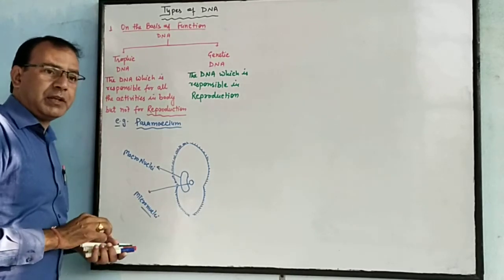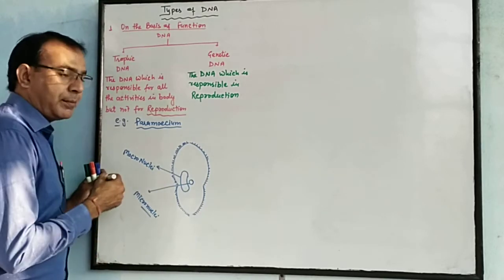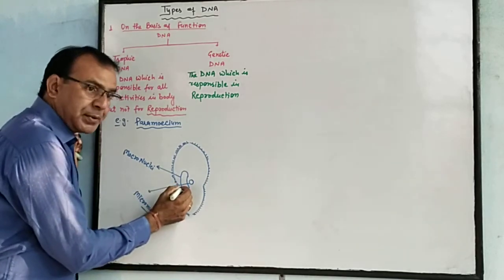When division takes place in the paramecium, the macronucleus disappears.